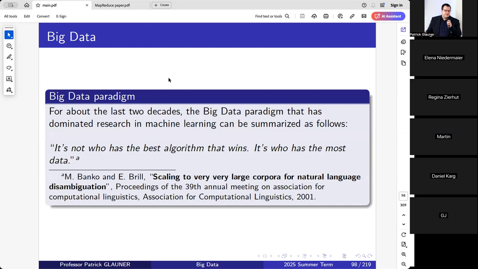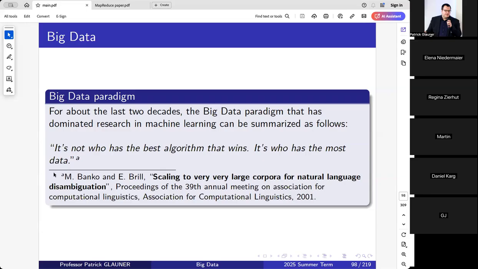So we looked at, when we started with this course, where the term big data comes from. We've seen also now for the last probably 2 decades, big data has become extremely popular and has become the dominant research direction in machine learning. And there is a very famous quote or saying in machine learning and big data.